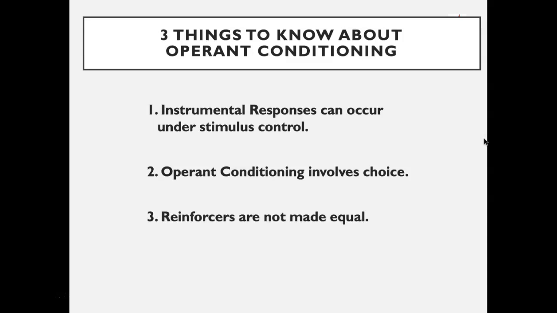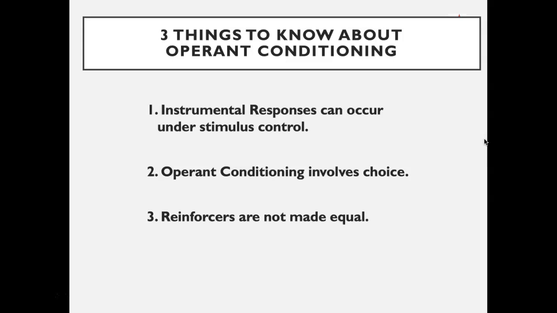Third, reinforcers are not made equal. What's going to be rewarding for one person is not going to be rewarding for another. For example, we have primary and secondary reinforcers. Primary reinforcers are rewarding in and of themselves. These are things like food. We know that food sates us and meets our physiological needs. While secondary reinforcers are things like money.